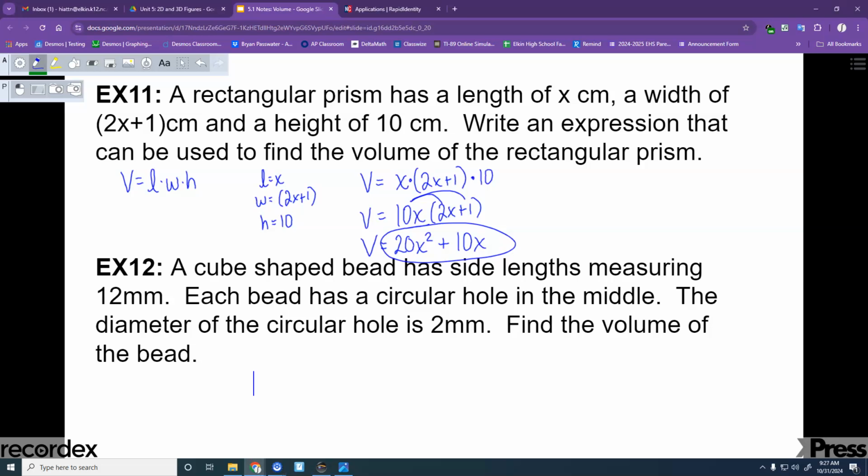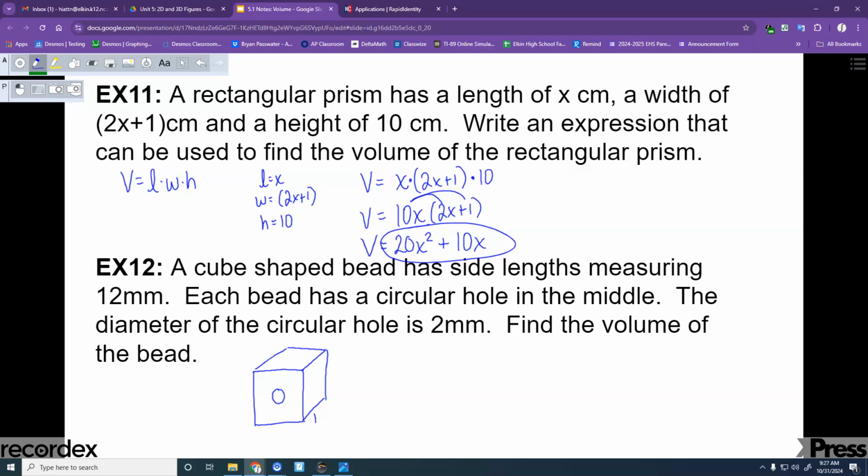So our bead is a cube, but it's got a hole that goes through the middle of it. So what shape is the hole? A circle's 2D. It goes all the way through. It is a cylinder, right?